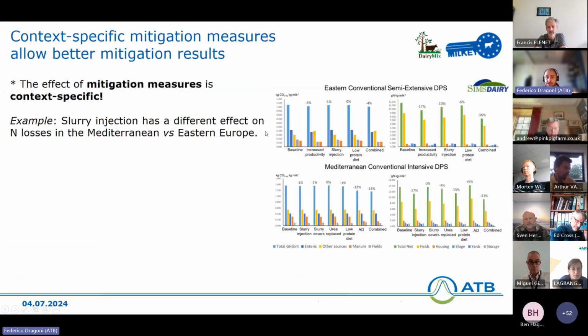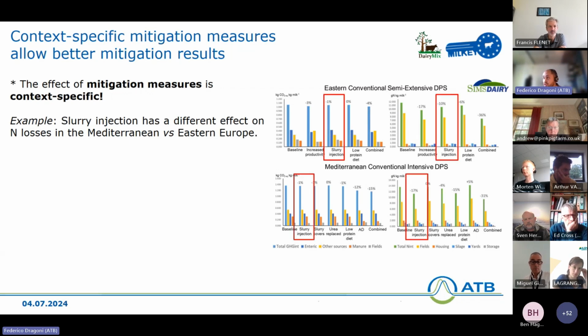The key messages are essentially two: that the effect of mitigation measures is context specific. So as an example here, you can see that the injection of slurry has hardly any effect at the system level, considering the greenhouse gas emissions of the whole dairy production system, but it has a nice effect, minus 10% to minus 17%, on the nitrogen losses.